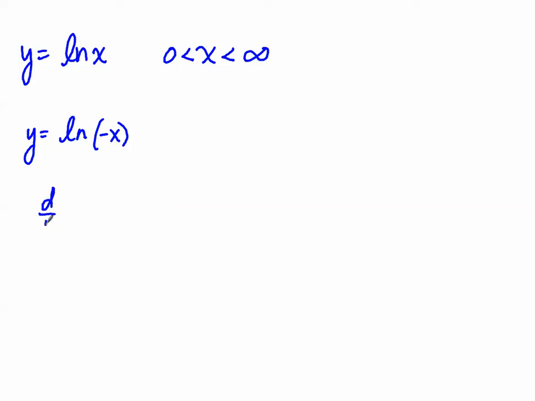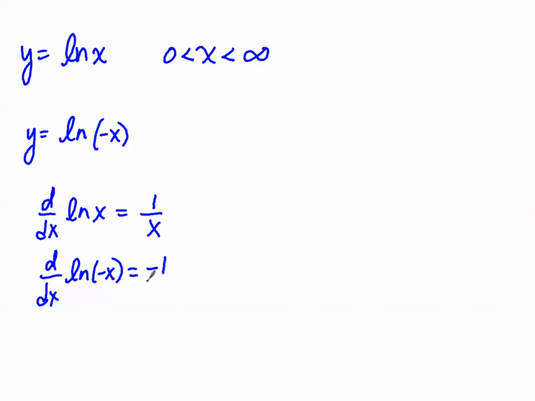The derivative with respect to x of the natural log of x, we remember that's 1 over x, or the derivative with respect to x of the natural log of negative x. Well, the derivative of negative x is negative 1 over what's inside, negative x, equals 1 over x. Notice they are the same thing.